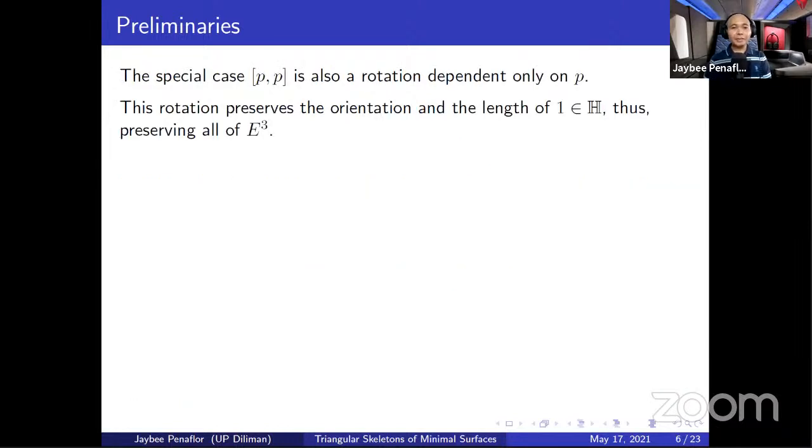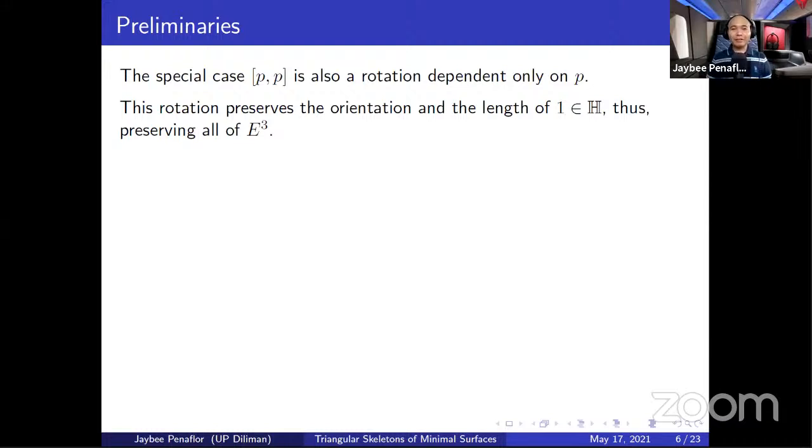Now, if we take the special case where the rotation is just defined by P, therefore it's just dependent on P, notice that by the same arguments that we presented earlier, this rotation preserves the orientation and in particular the length of 1. 1 is very important because you can represent everything in terms of 1. So you can represent 2 as 2 times 1.